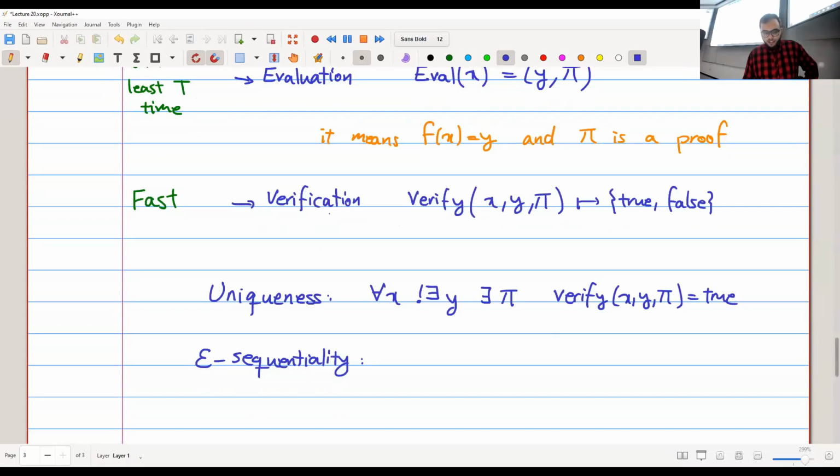So given x and spending, let's say, t times 1 minus epsilon time, you cannot find anything about y.